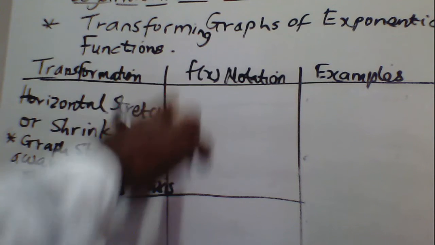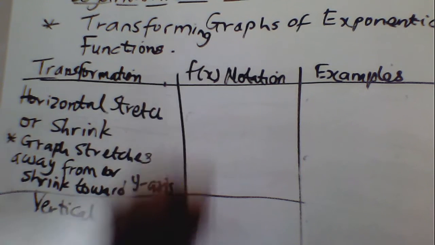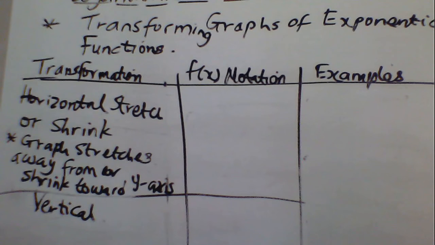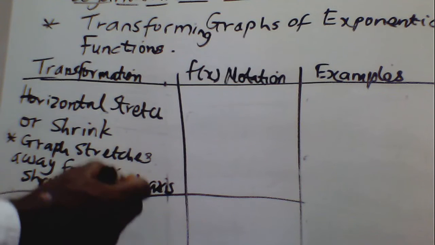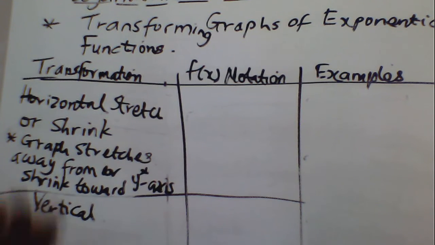So note this for horizontal stretch or shrink: graphs stretch away from or shrink toward the y-axis. This is the point, toward the y-axis.